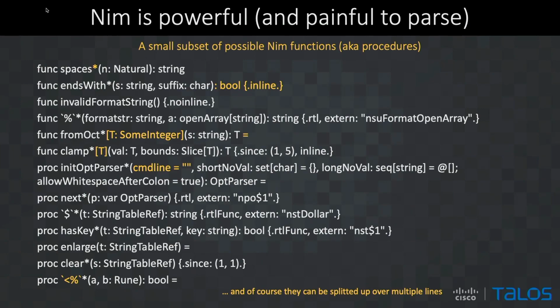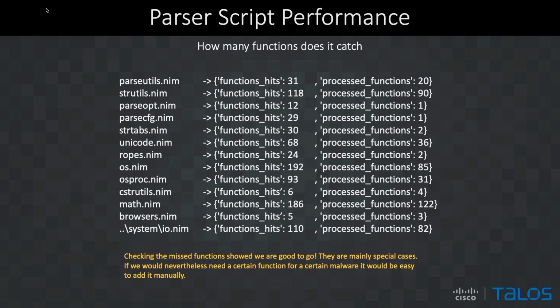So you can imagine how painful it is to parse that to get valid type information for your arguments. But nevertheless, at the end it worked. And I'm now parsing enough functions out of certain libraries that I'm happy with my signatures, that they are covering usually the functions which the malware authors are using.